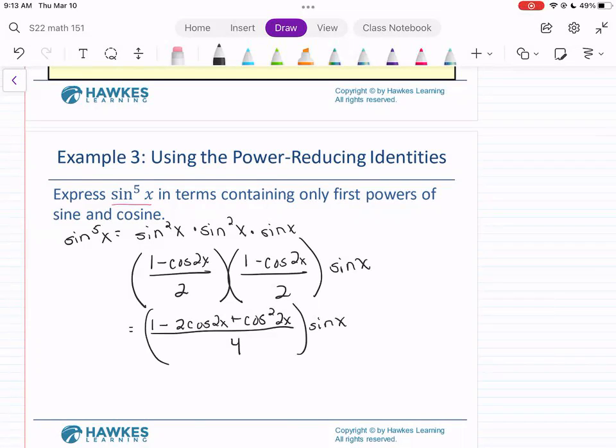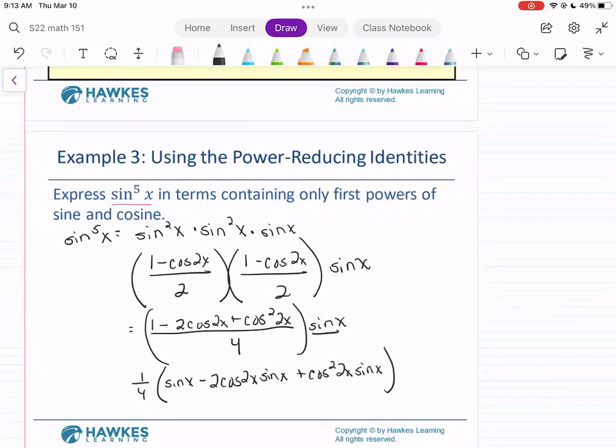And then when I multiply everything out here, I end up with 1/4 times the sine of x, when I distribute the sine of x inside, minus 2 cosine of 2x sine of x plus cosine squared of 2x sine of x.